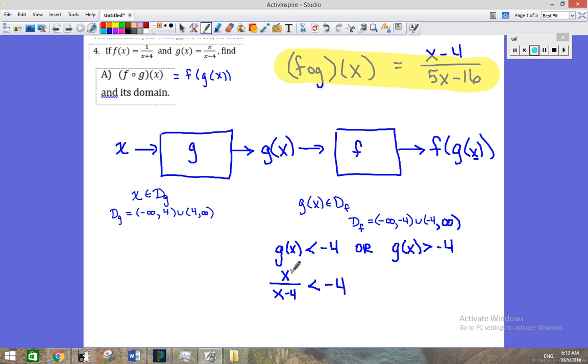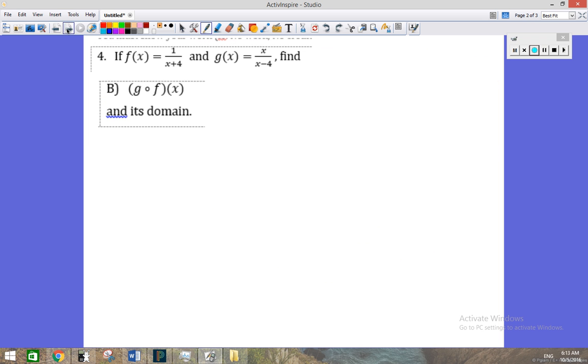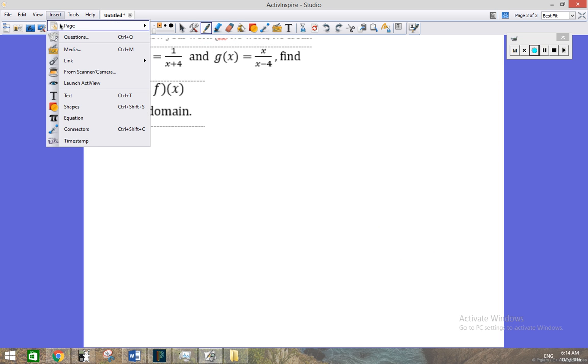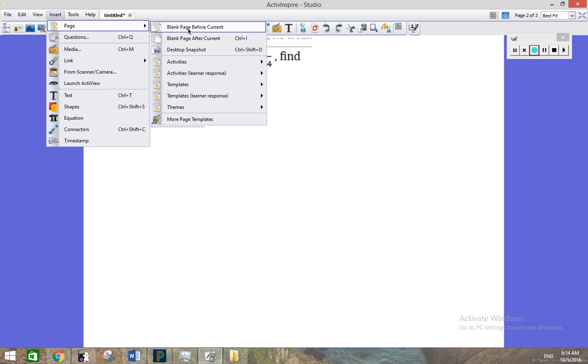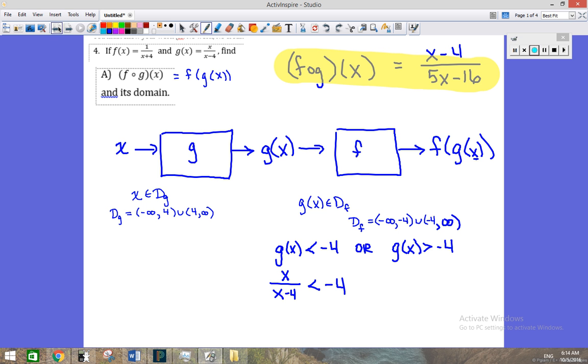That is a rational inequality, and I do not believe that you have very much experience with rational inequalities. So let me try to help you figure this out. With a rational inequality, we always want to compare it against 0, just like we do with our quadratic inequalities. I need to add 4 to both sides of this inequality. So let's do that on the next slide over here.